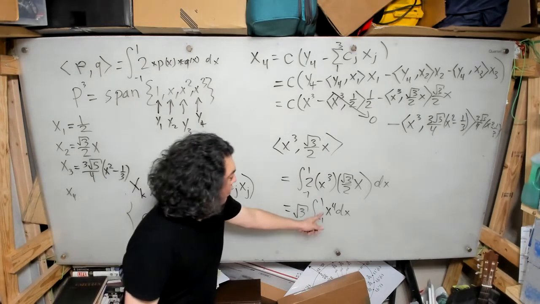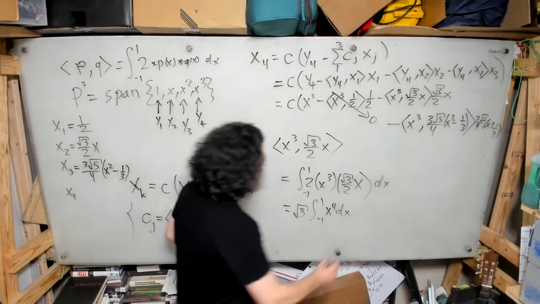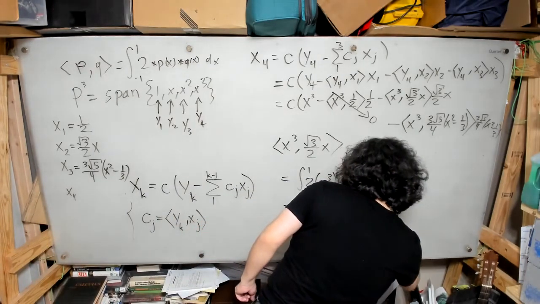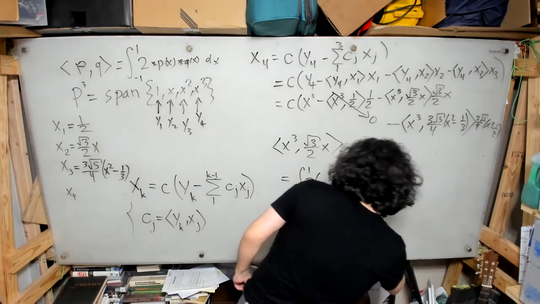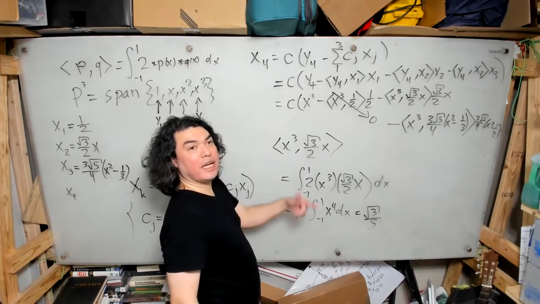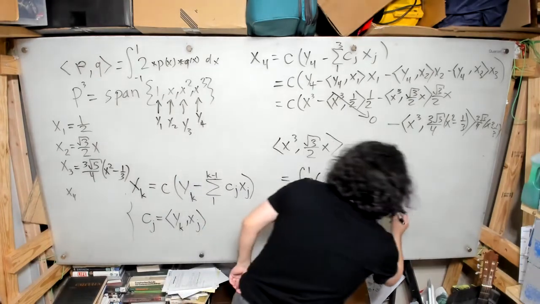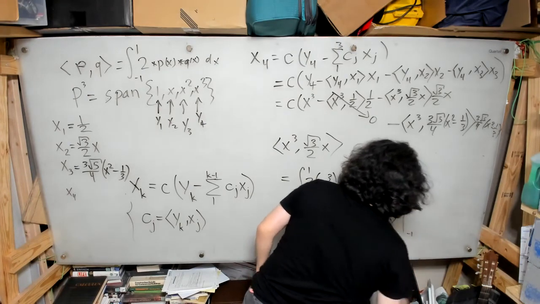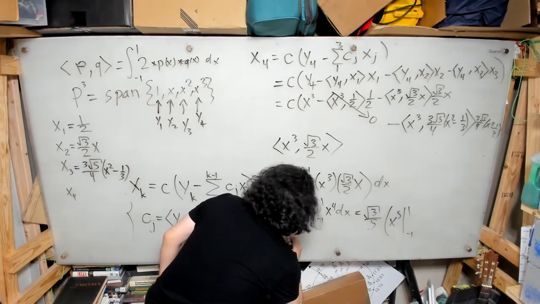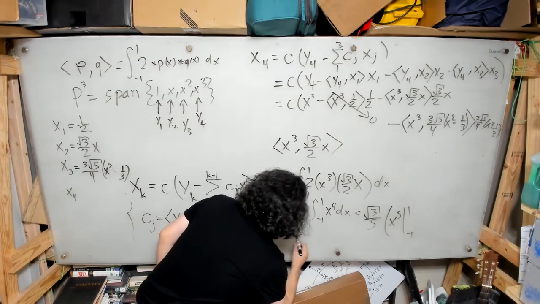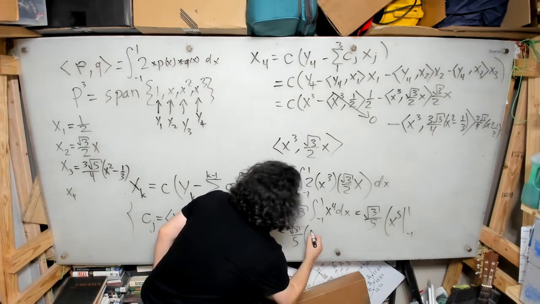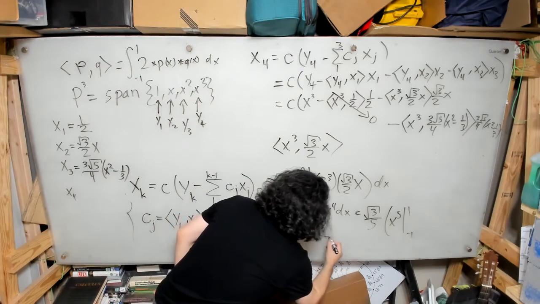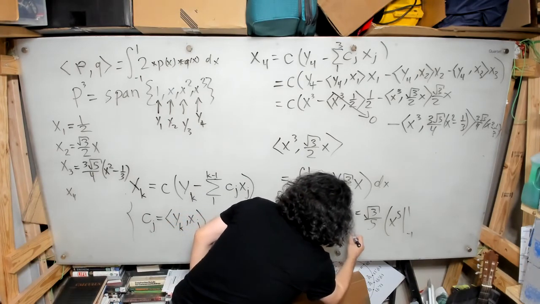Now, this will actually give us the square root of 3 over 5, because the integral of x to the fourth is x to the fifth over 5. And then it'll be x to the fifth evaluated from negative 1 to 1. That's going to be the square root of 3 over 5 times 1 to the fifth power minus negative 1 to the fifth power.